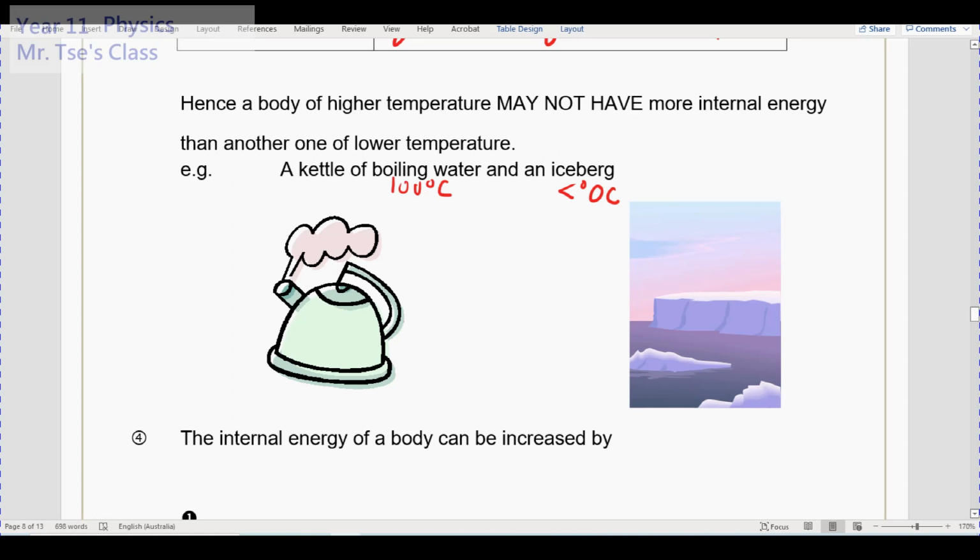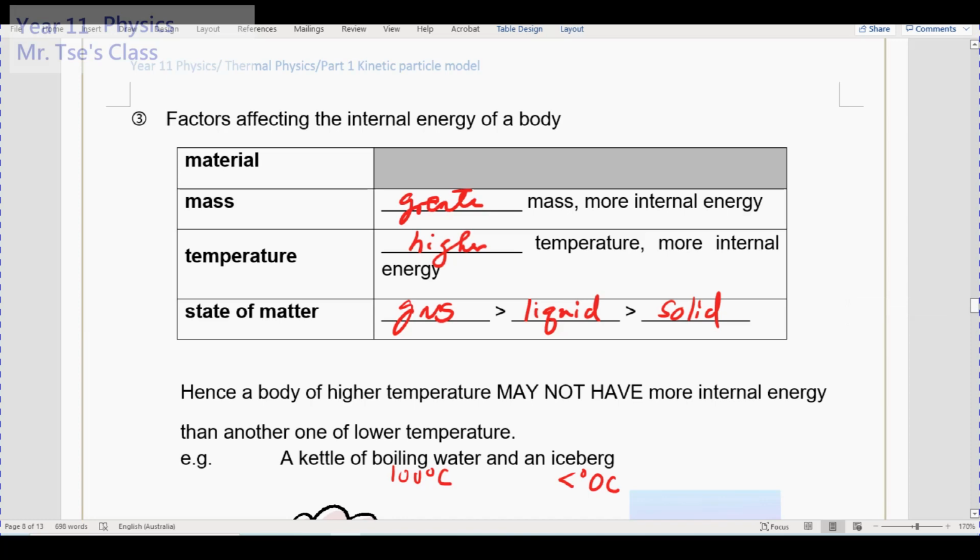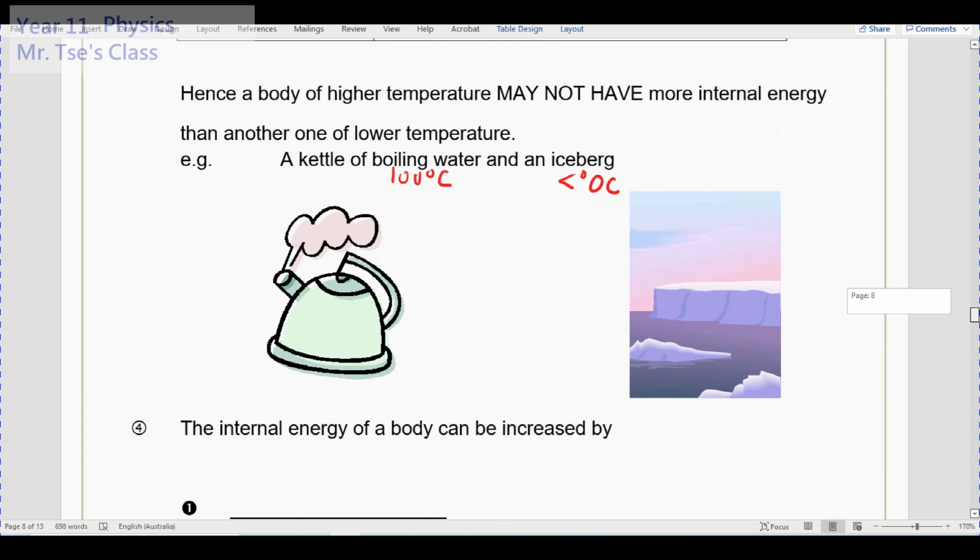Okay, so you might think boiling water must have the higher internal energy because, as we've said here, higher temperature, more internal energy. But remember there is more than one factor. There are other factors, like mass. So even though the temperature is much higher, how about the molecules inside and the molecules here?